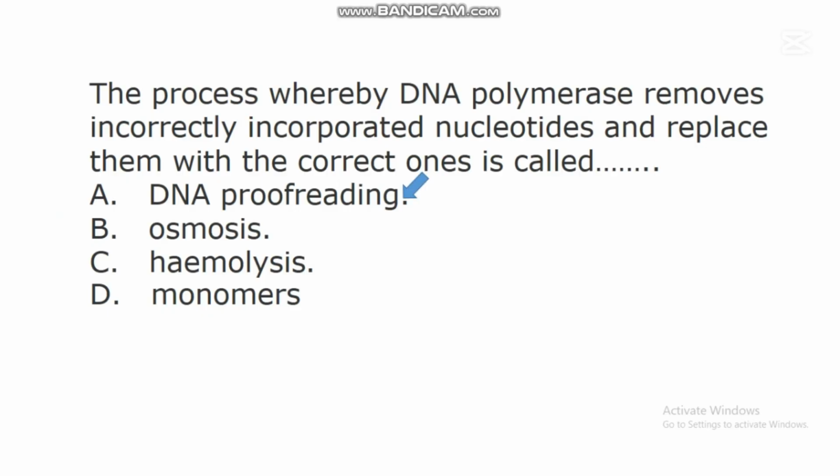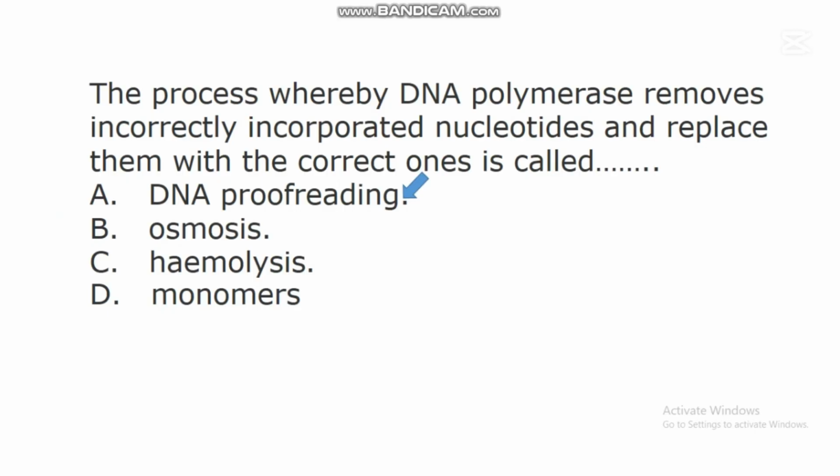DNA proofreading. DNA proofreading is the process whereby an enzyme known as DNA polymerase removes incorrectly incorporated nucleotides and replaces them with the correct ones. Research has shown that this enzyme can edit all the nucleotides that are being added in DNA, but this process usually occurs during what we call DNA replication.